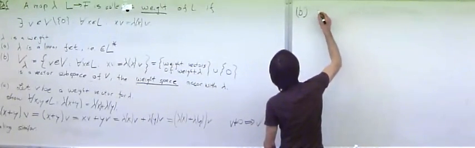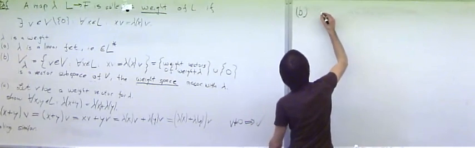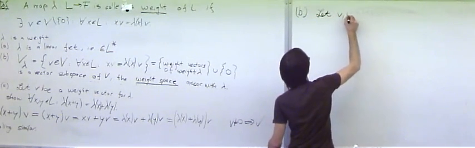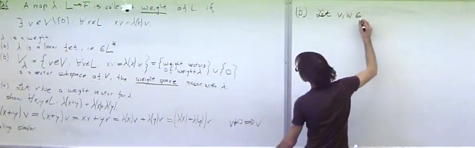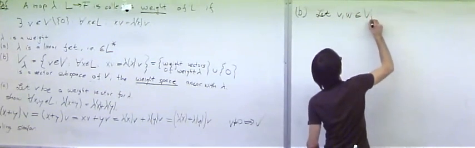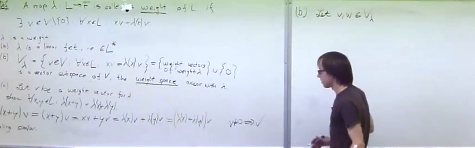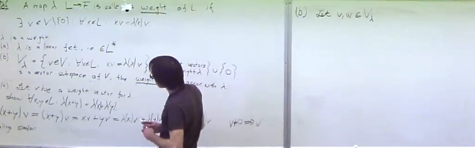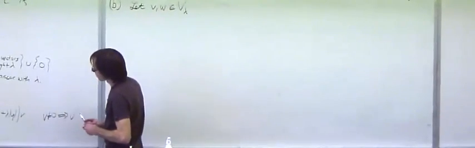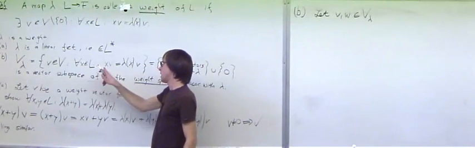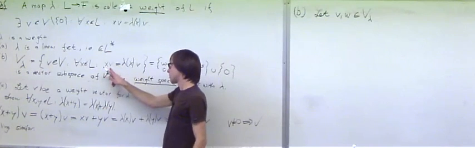Namely, say that it's closed under sum. I fix v and w in V lambda. So v and w are both either weight vectors or 0. So they fulfill this property that any matrix in L acts on these vectors just by scaling with lambda of x.